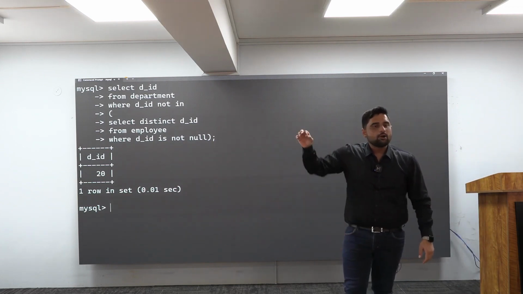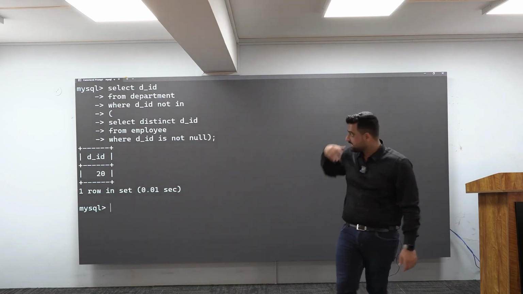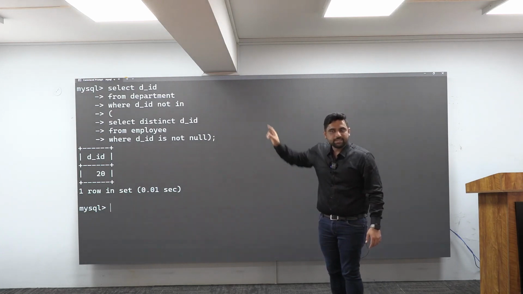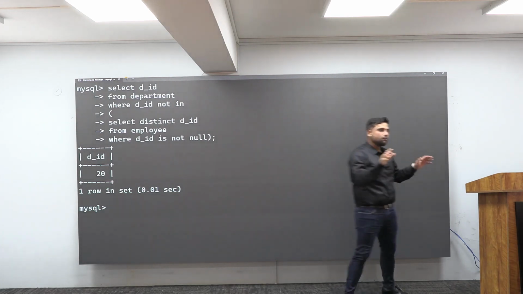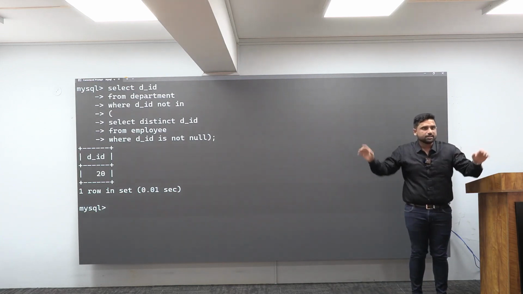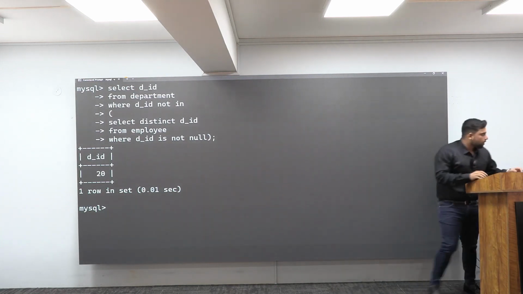Now, how can we get the departments where employees are working? We can use in. If we want to get matching values from the department table and the employee table, you can use in. So how can we use in?